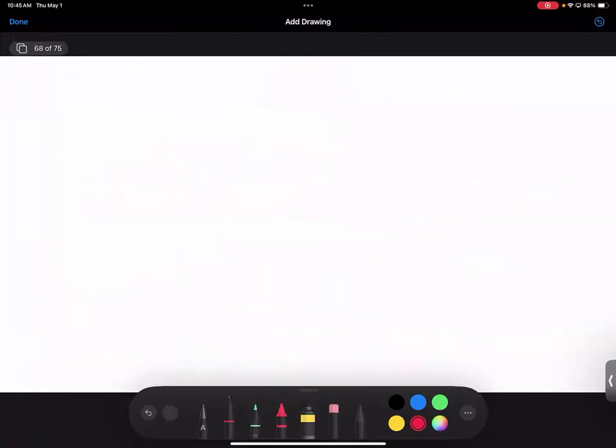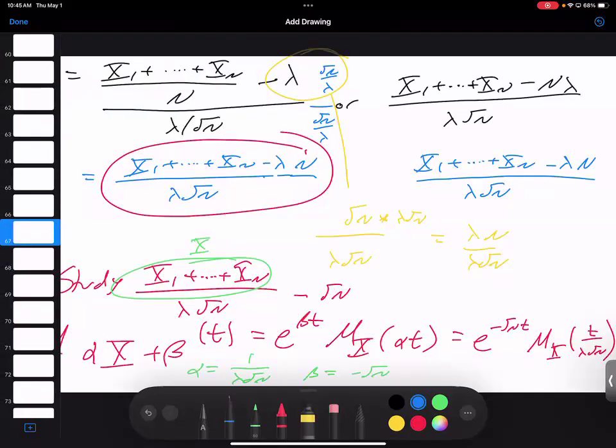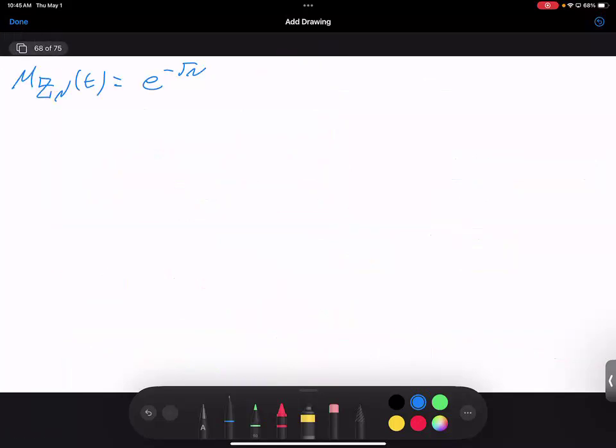So let's keep going. So we have the moment generating function of Zn of t was e to the negative square, was it negative or positive? Negative square root of n t. And then the moment generating function of x1 plus xn at t over lambda square root of n. But all the x's have the same moment generating function because they're all exponentials with parameter lambda, right?